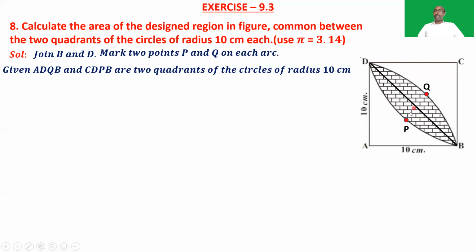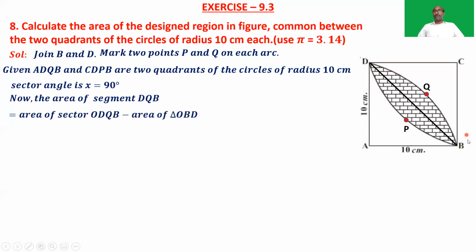And the sum of the two areas is our required area of the shaded region. So the sector angle is 90 degrees because we are taking a quadrant of a circle. Now the area of segment DQB is the area of sector ODQB minus the area of triangle OBD.